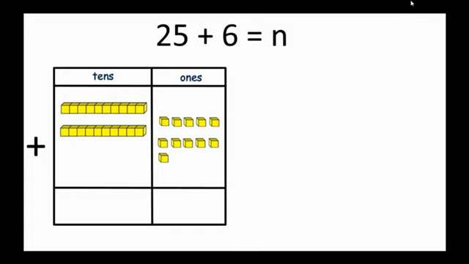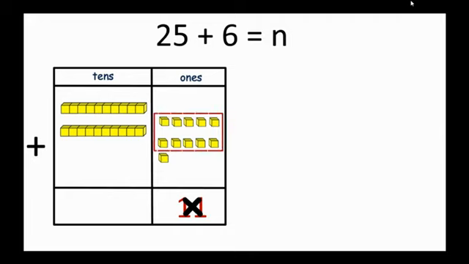Now we will add first the ones. How many blocks are there in the ones? Yes, 11 blocks. But we can still make a group of 10 in 11 blocks. So let's group.